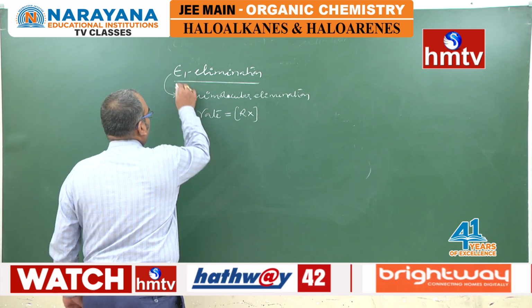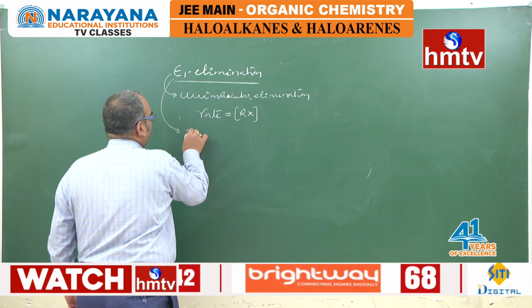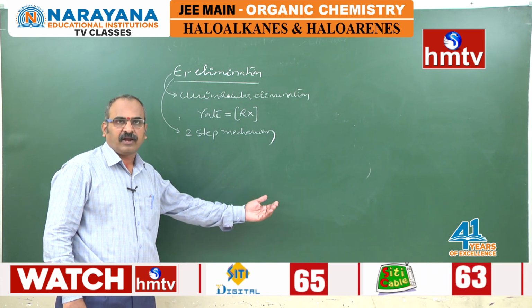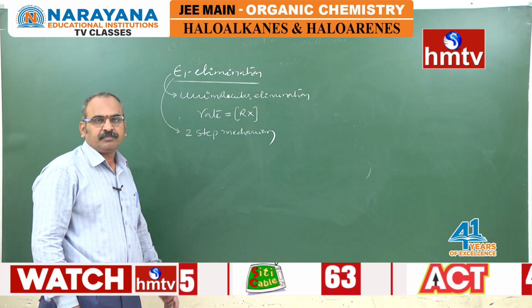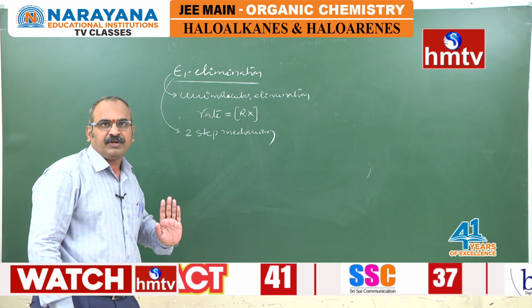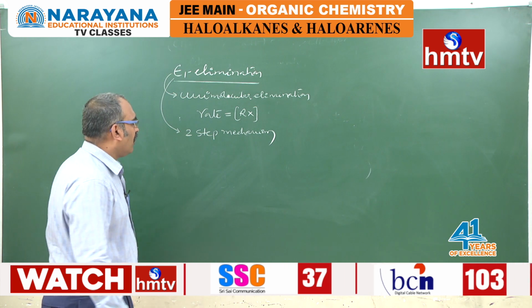Now, E1 elimination is a two-step mechanism in which in the first step the alkyl halide forms a carbocation. In the second step the carbocation will lose the proton from the beta carbon atom and forms an alkene.